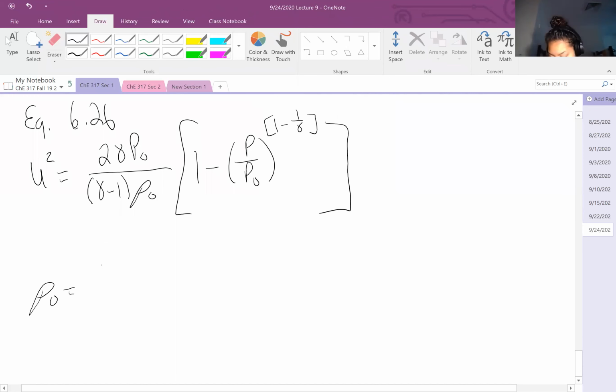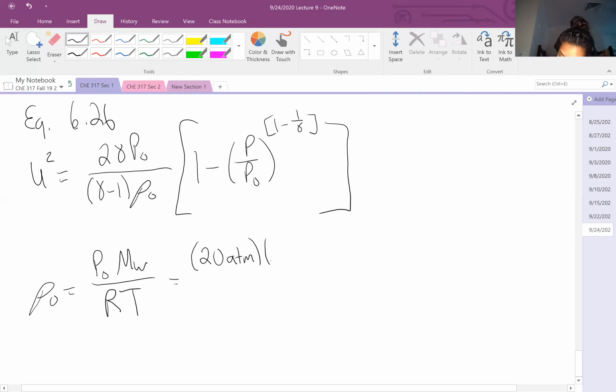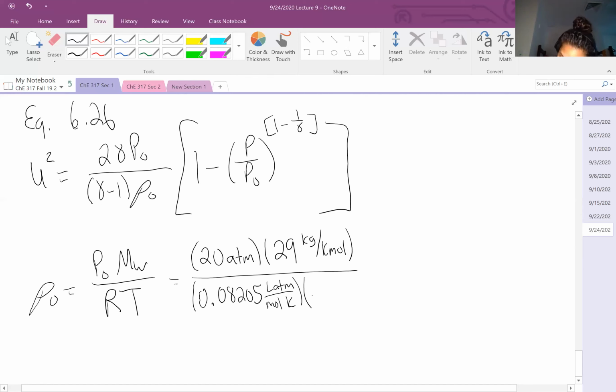can calculate using the ideal gas expression, P naught times molecular weight over RT. The entering pressure was 20 atmospheres. Molecular weight was 29 kilograms per kilomole. Ideal gas constant, 0.08205 liter atmospheres per mole Kelvin. And T was 555 Kelvin.